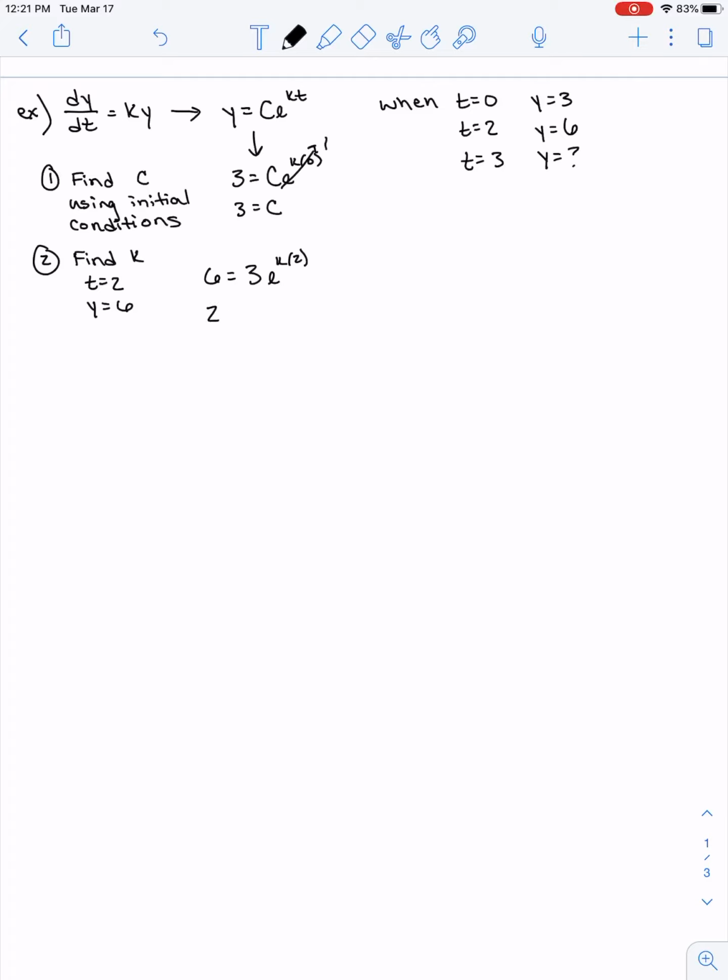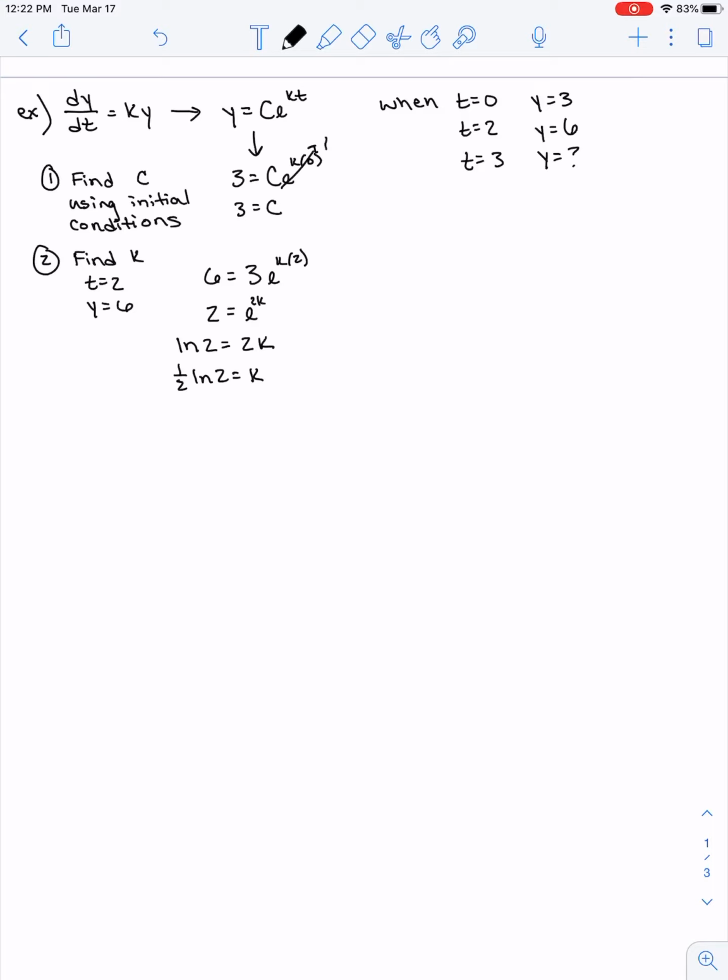We get 2 is equal to e to the 2k. And then if we rewrite this using our change between exponential form and logarithmic form, you can solve for k, right? And we get that the natural log of 2 is equal to 2k, or that k is equal to 1/2 natural log of 2.